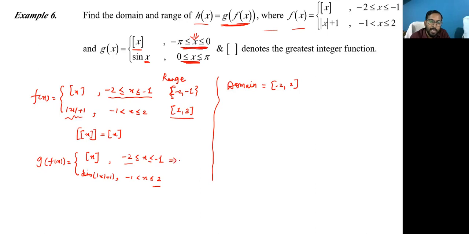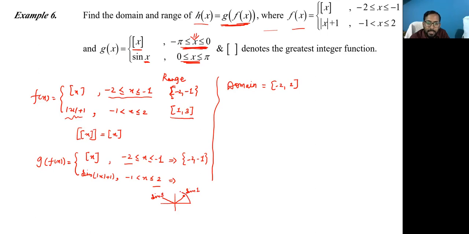So here we get -2 and -1, and here we get a value bounded from sine 1 as one end, if we put the value of x as 0, and sine 3 as the other end, if we put 2 in place of x. Here we have sine 1 and here we have sine 3.